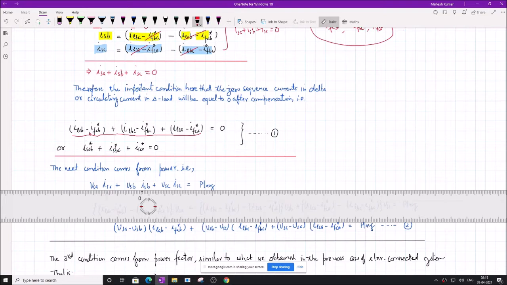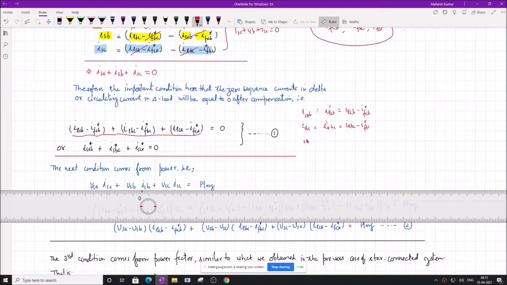Okay, why is this zero sequence current? As I said, ILAB dash is equal to ILAB, the effective current after compensation, IFAB. Actually this is one way, ISAB you can say, because once it is compensated it becomes source current. So ISAB equal to ILAB dash equal to ILAB minus IFAB star. Similarly, ISBC equal to ILBC dash equal to ILBC minus IFBC star.